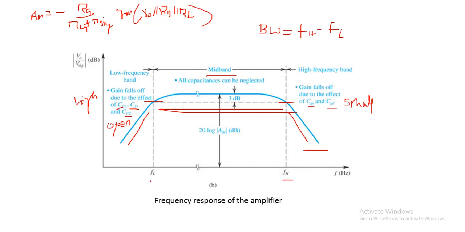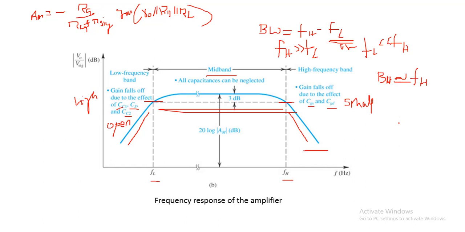You all know that FH is usually far greater than FL, or in other words FL is far less than FH. So what will happen to the bandwidth? If FL is far less than FH, then you can neglect FL, and we can write that bandwidth is almost equal to, not exactly equal to, FH.